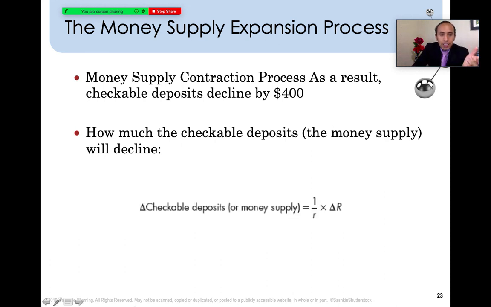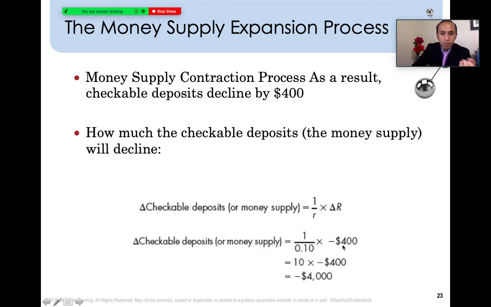You're taking away $400 from the banking system. Our money multiplier is 1 over 0.10, or 10%, so we need to keep 10% of those deposits. We have a multiplier of 10. We have now declined the total money supply in the market by $4,000 because it creates an adjustment process.